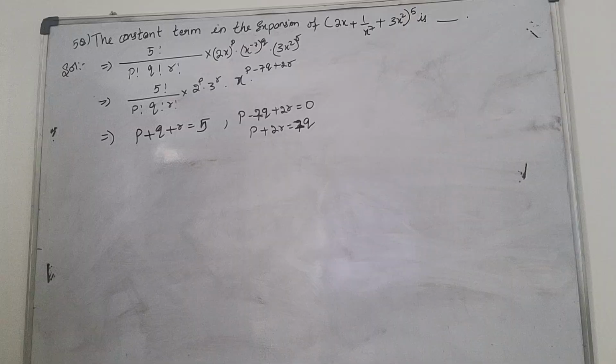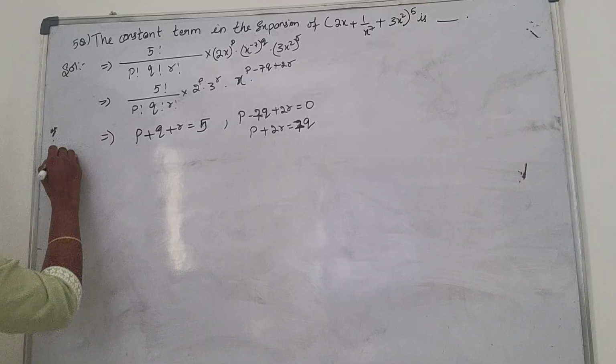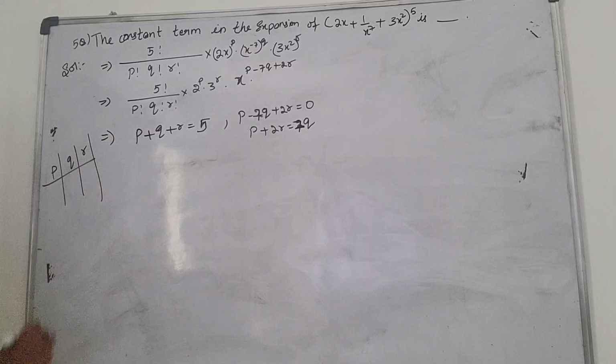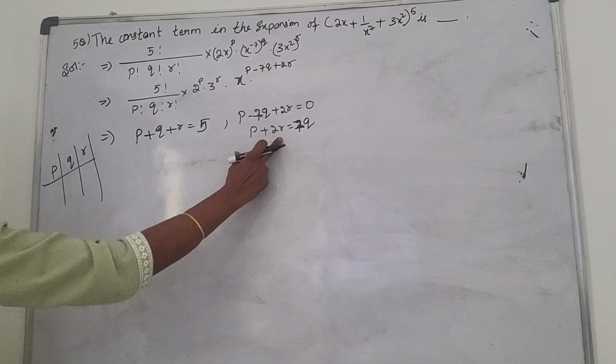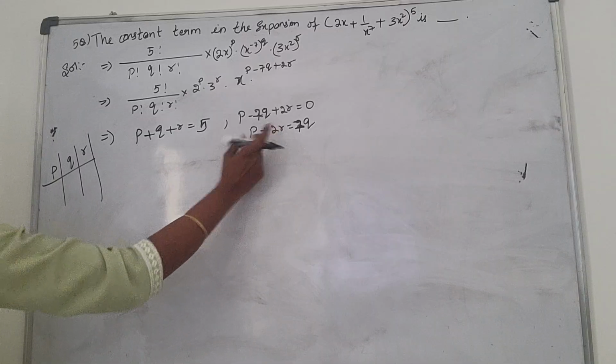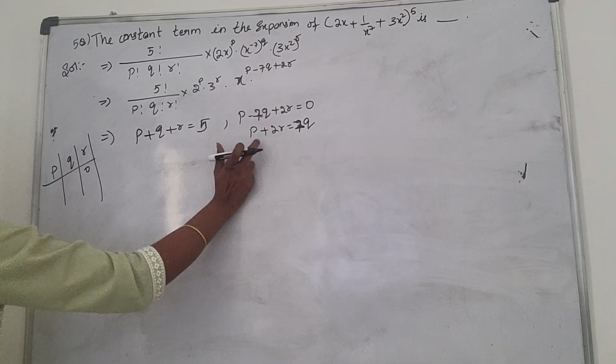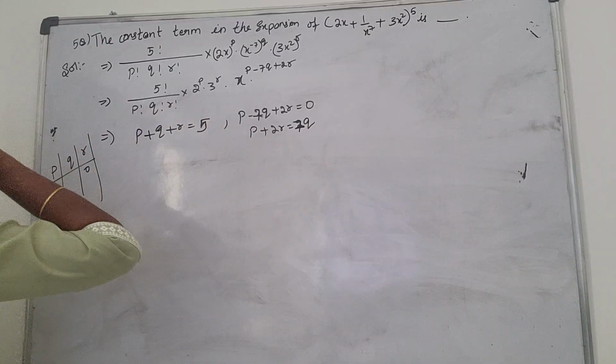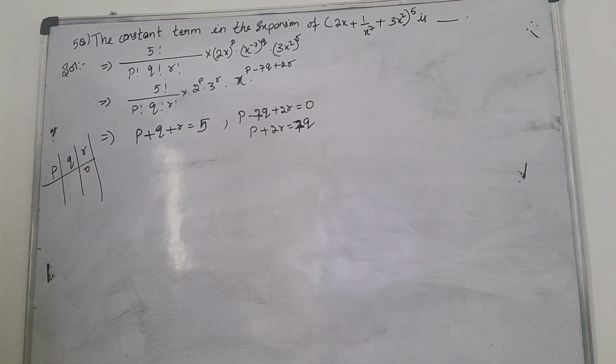So generally you need to check p, q, r like this. First keep the r value as 0. If r is 0, then what will the p value be? 7.